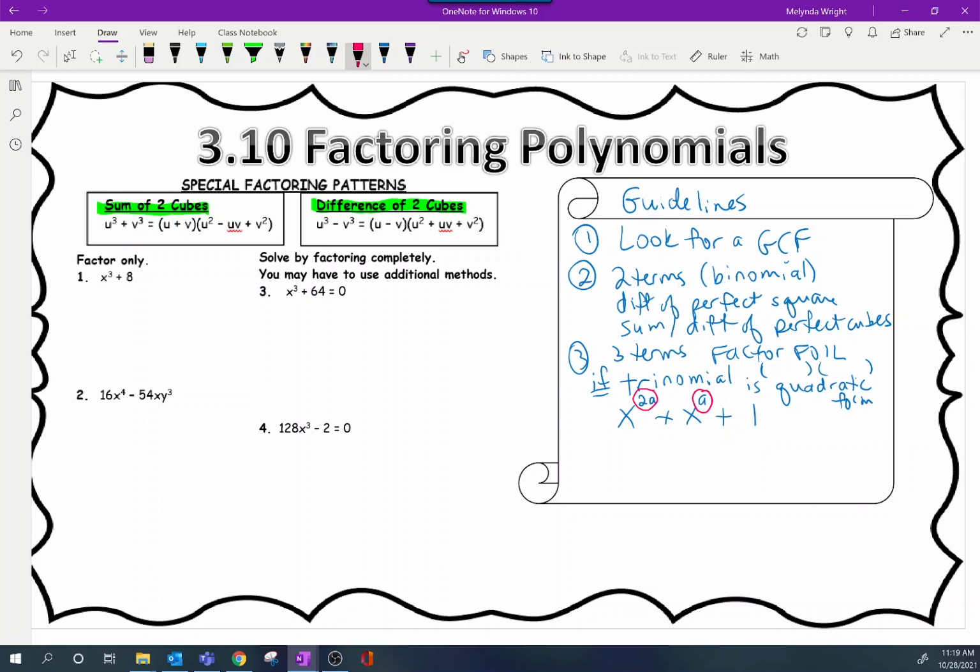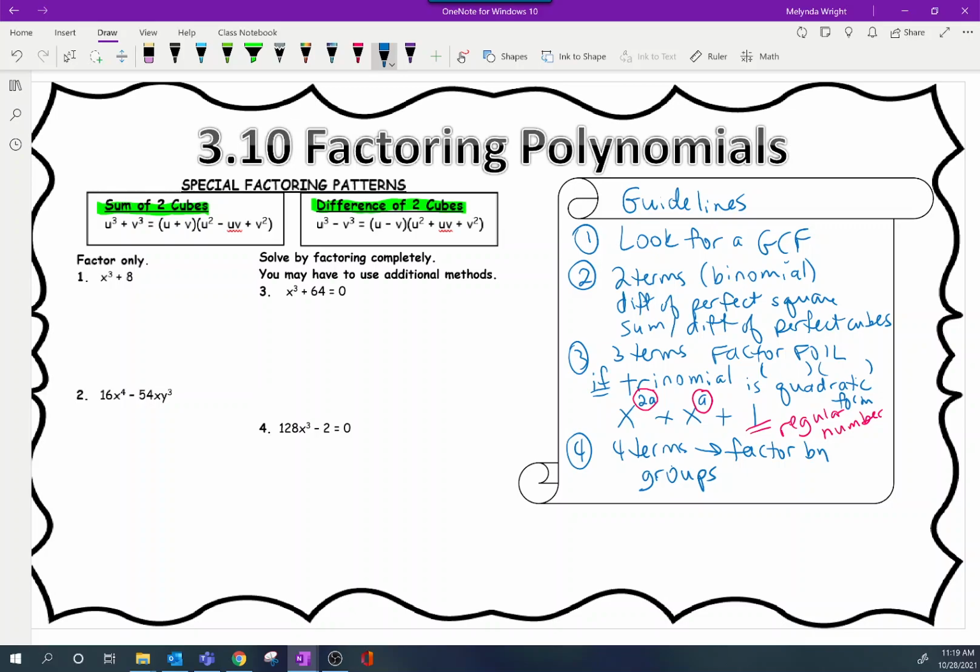That's called quadratic form. Then the other option is if we have four terms, four or more, typically four terms, we're going to factor by grouping. So very similar to the other options that we had when we were working only with quadratics. So let's do some examples.